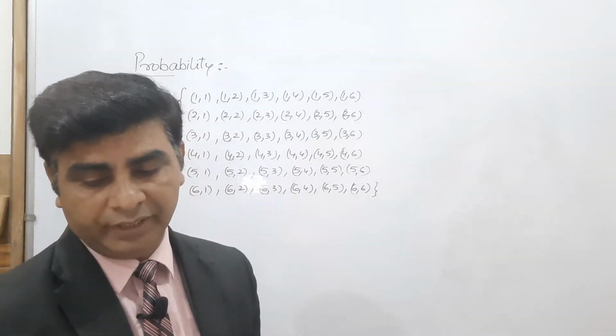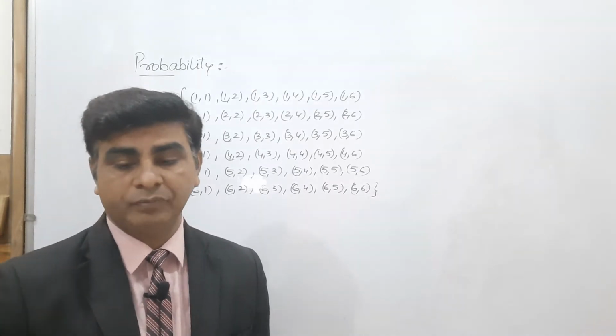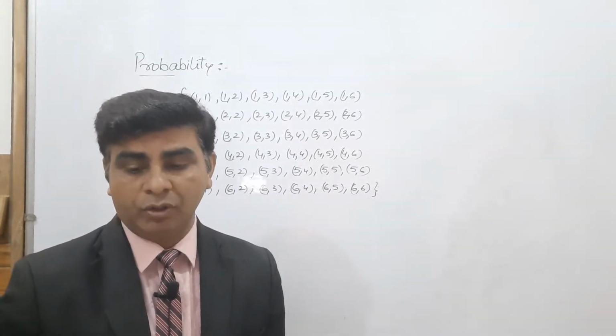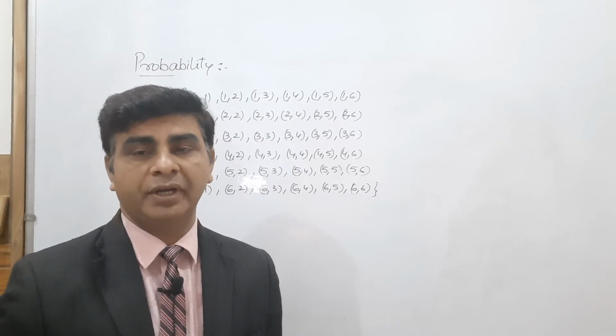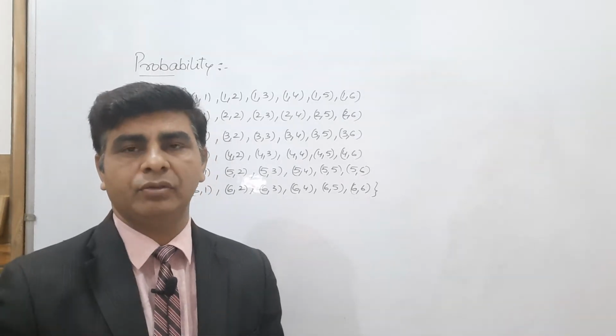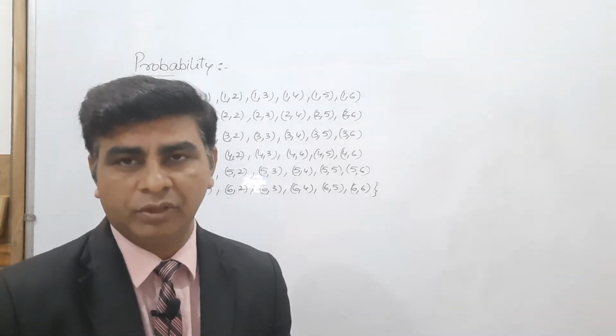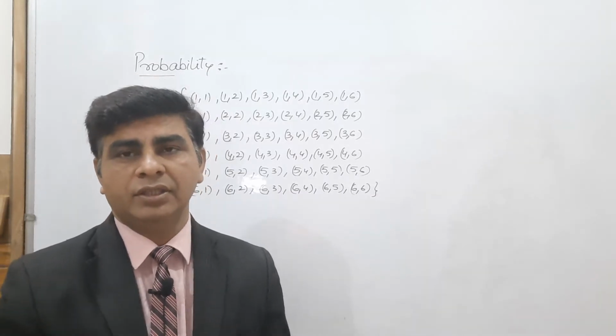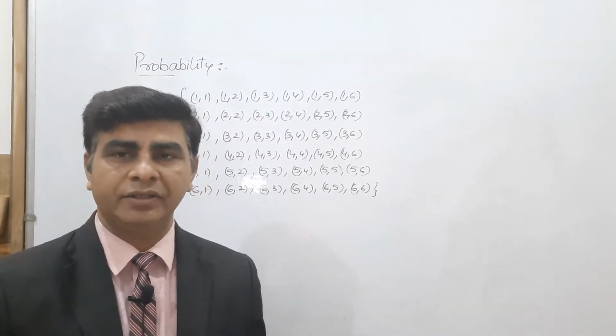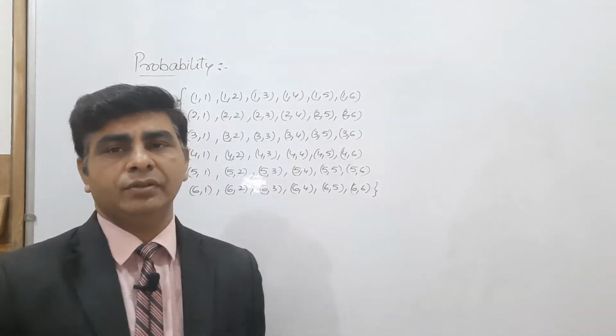Now it is given that we have to find the conditional probability of obtaining numbers whose sum should be greater than 9. The sum of the two numbers that appear should be greater than 9, and you have to find its probability, given that the black die is resulting in the number 5.